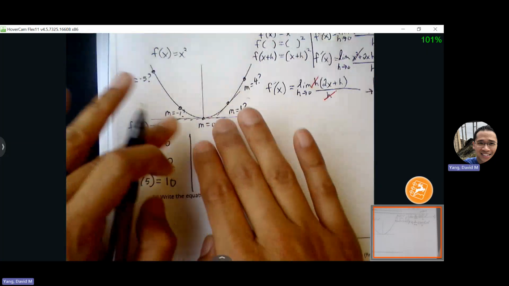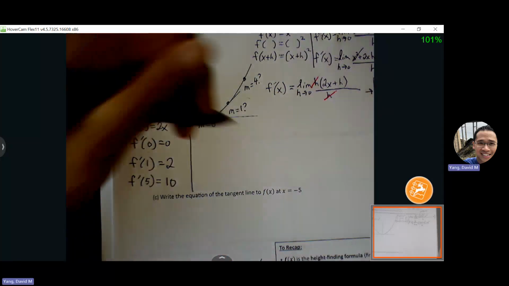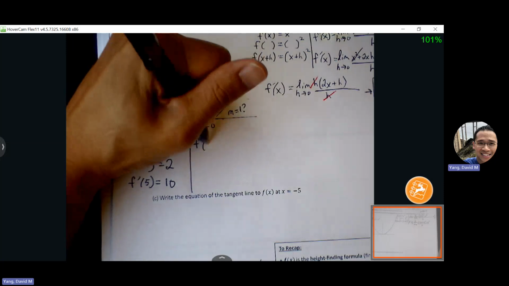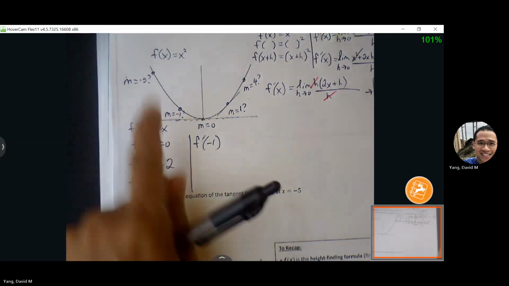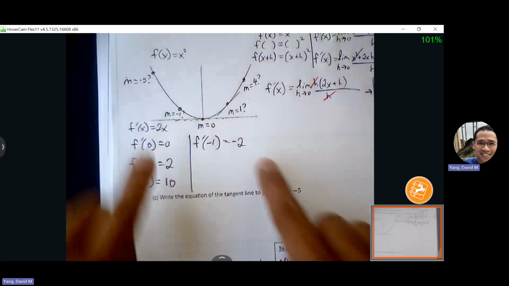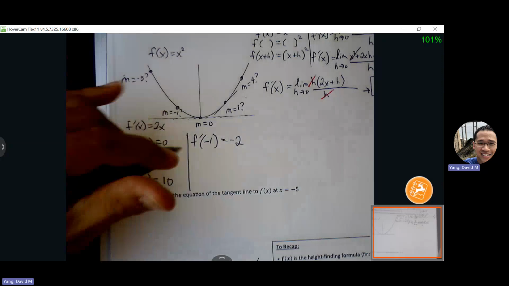Now, everything on this function is symmetrical, right? So we should get a very symmetrical slope if we were to go the other direction. So f prime of -1 will give us what? -2. That is consistent, right? We expect f prime of 1 and f prime of -1 to be symmetrical. So one is +2, the other is -2. That makes sense. And let's go further and further out.